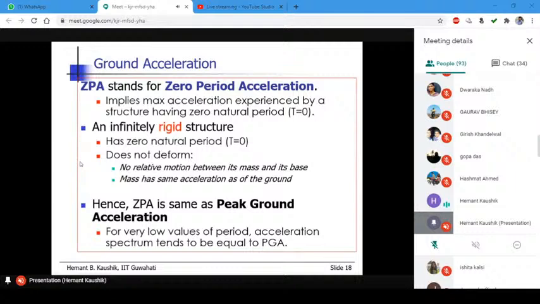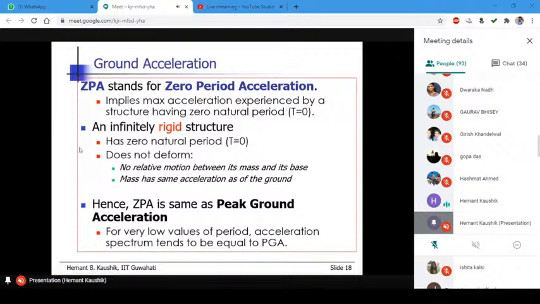This is again a definition that seismologists use. Instead of rigid structures, they call it zero period acceleration. I mean, it's not a time period, the T value of 0, same thing, but they imply the maximum acceleration experienced by a structure having 0 natural period. So like I said, it is infinitely rigid.